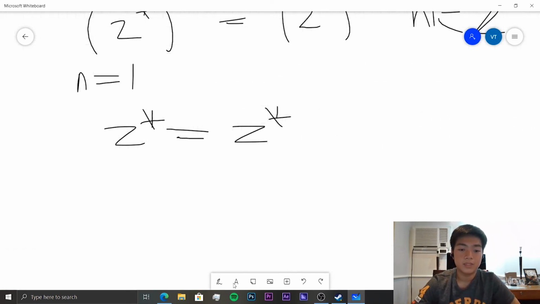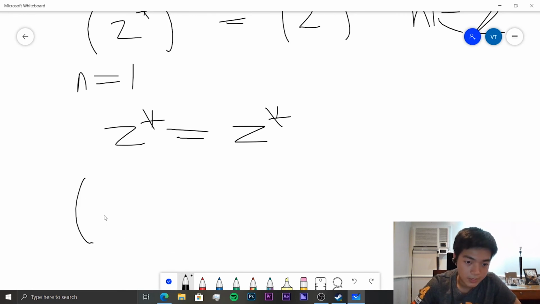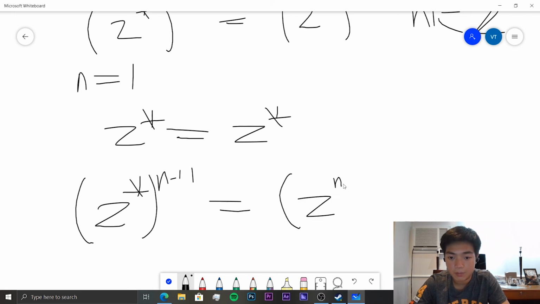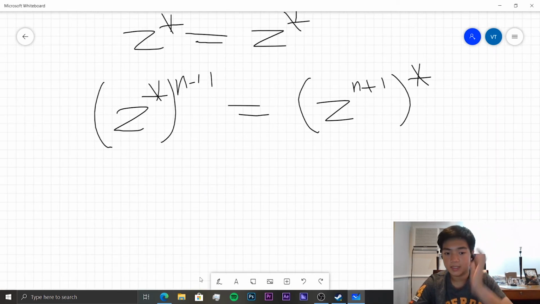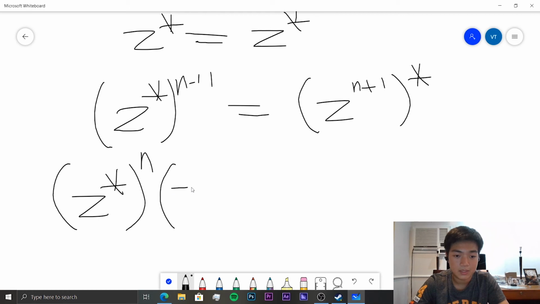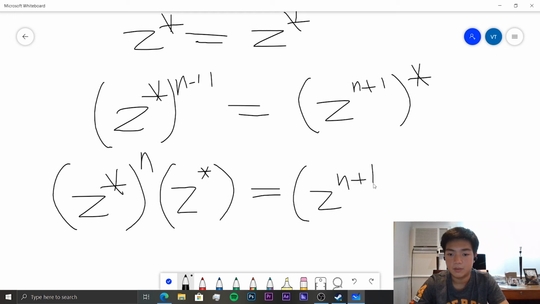So next, assuming it's true for n, we need to prove it for n plus 1. So the conjugate of z to the power of n plus 1 is equal to the conjugate of z to the n times the conjugate of z, which I believe is equal to the conjugate of z to the n plus 1.